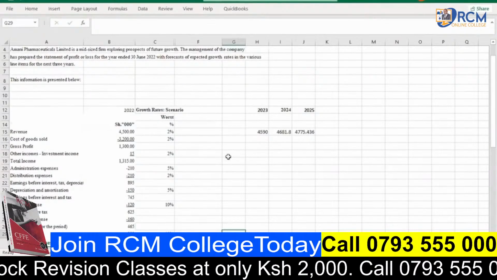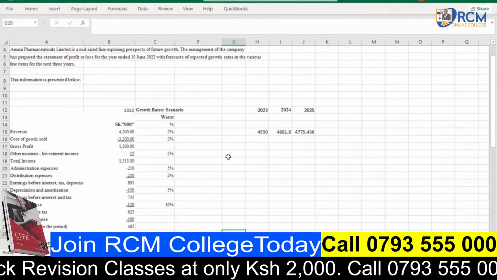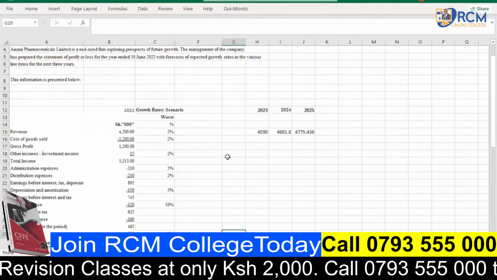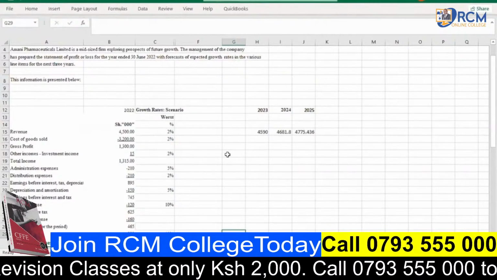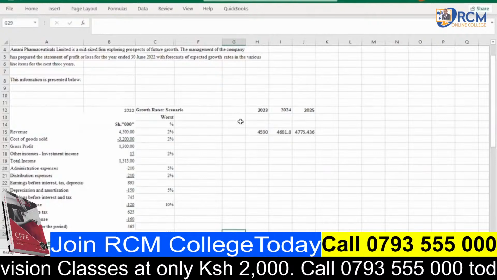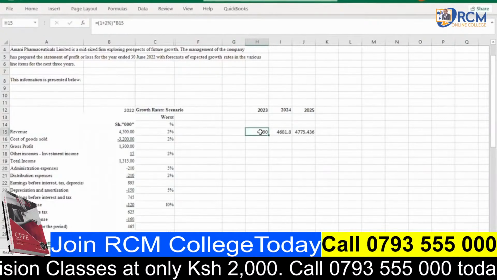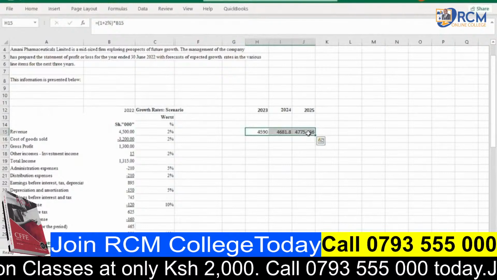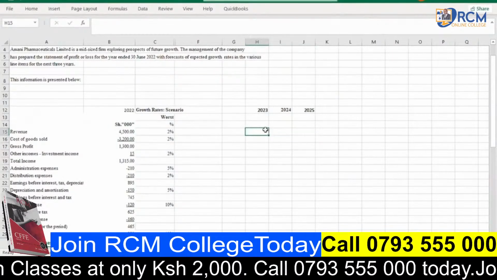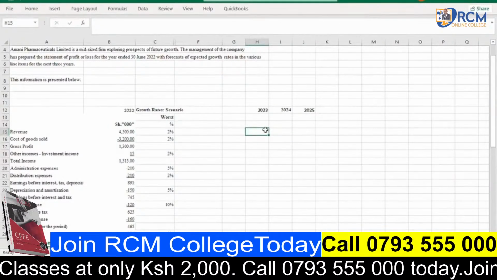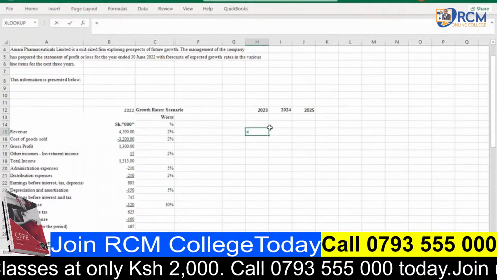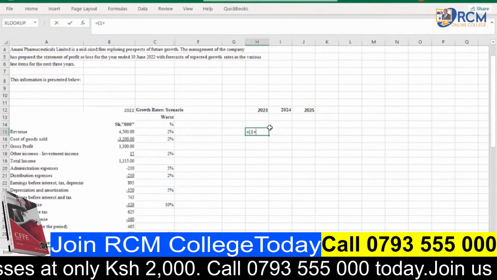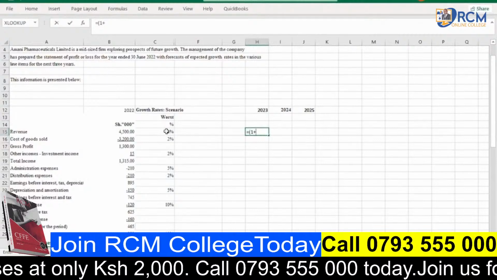If it is 3 scenarios, we use 2022 base value. So is that a question? But let's see. Now we want to see if they are going to have the same thing as these ones here. At this point, our revenue for 2023 will be equal to, close the bracket, 1 plus, all revenues are going to increase by 2%.